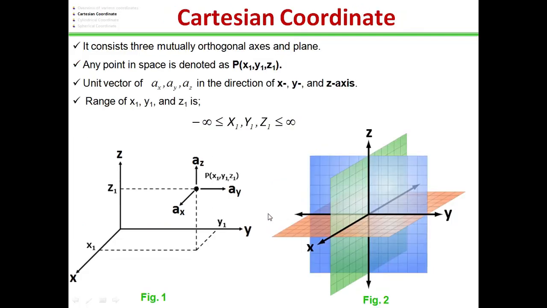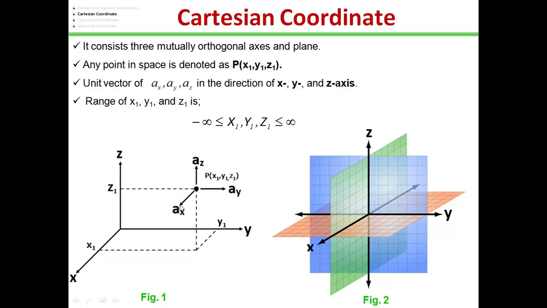So the Cartesian coordinate system basically consists of three axes and three planes. All three axes are mutually perpendicular to each other. Similarly, all three planes are also mutually perpendicular to each other. Let any point P be denoted by x1, y1 and z1. Corresponding to this point, there are unit vectors along x, y and z.